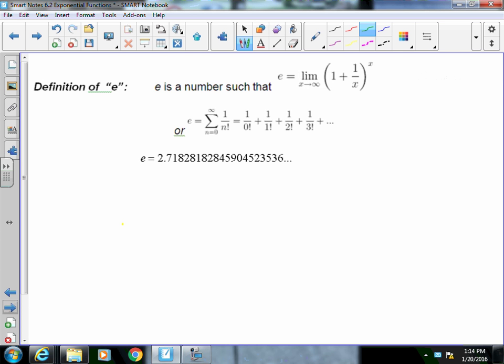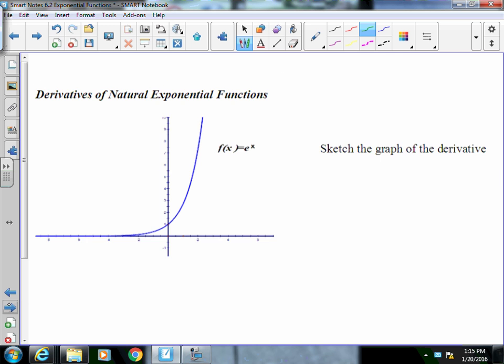E is approximately equal to 2.71828182845904523536. Do I expect you to know all of those digits? No, but you should probably know the first 5 decimal places at least. You learn the first 5, the first 9 are easy, but know approximately what that number equals.